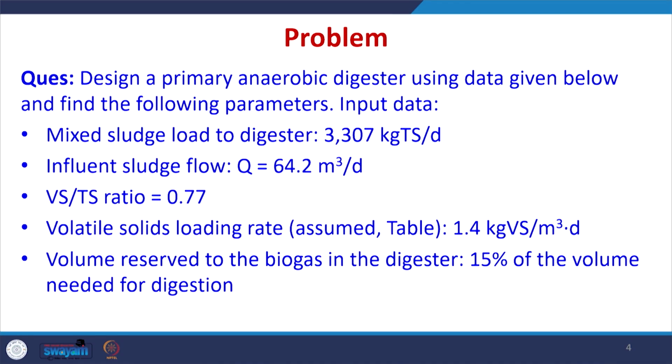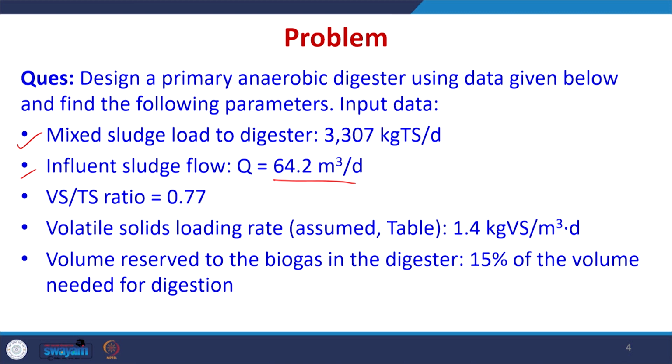Now let us try to solve a problem. We have already studied the design parameters for anaerobic digesters in the previous class. Let us design a primary anaerobic digester using the data given below. The mixed sludge load to the digester is 3307 kg TS per day. The influent sludge flow is around 64.2 meter cube per day.